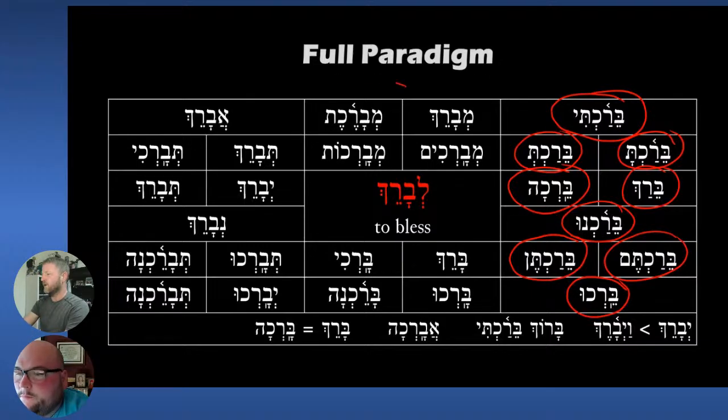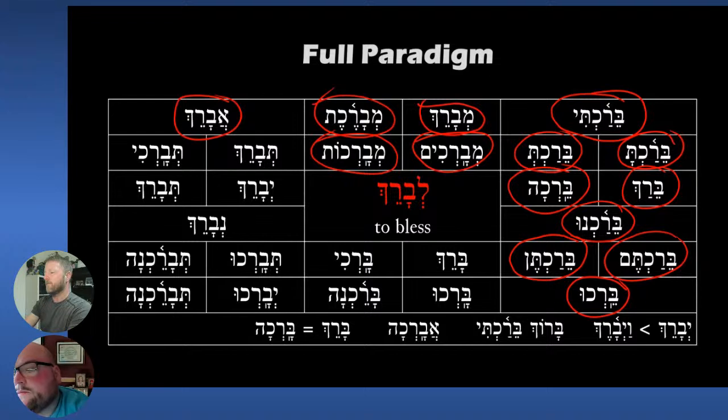In the participle, the present tense: mevarech, mevarechet, mevarchim, mevarchot. I marked the kamatz with meteg to say that it's not a closed syllable with o.